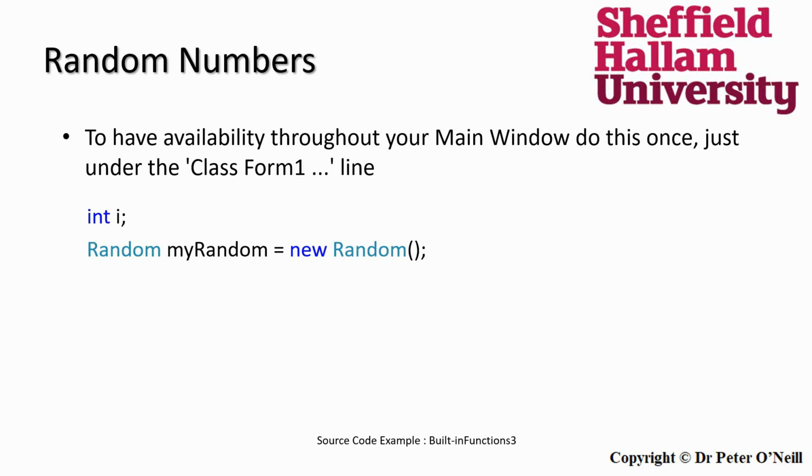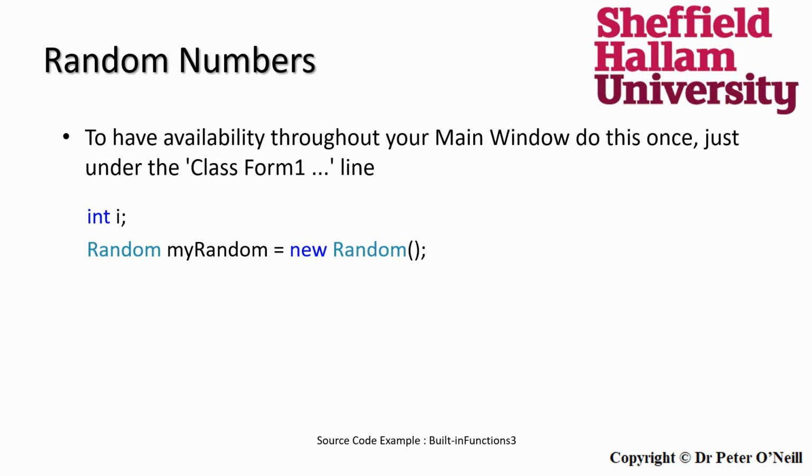Now this is quite interesting, because by placing it underneath class form 1, after the open squiggly brackets, we're making I an int, but we're making it global. That means that all the methods within that class can access that variable.